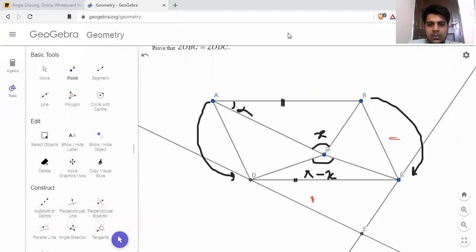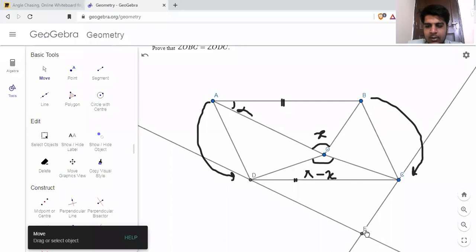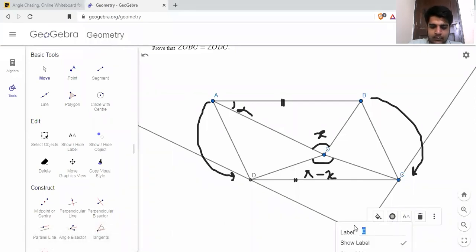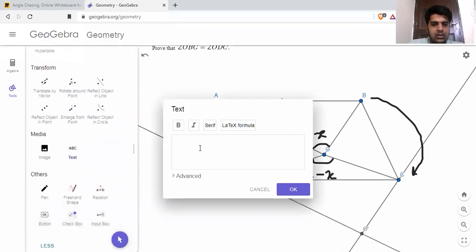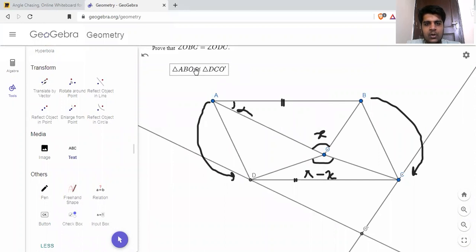Let's call this point O dash. Note that triangle ABO is congruent to triangle DCO dash, because of how we translated it, we translated ABO to DCO dash, right?